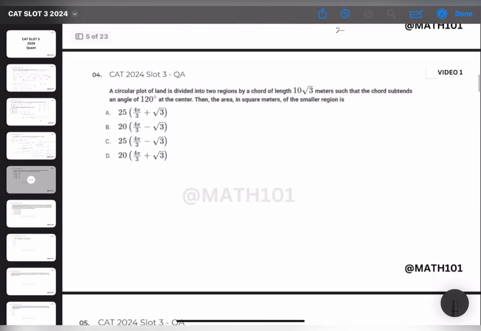Moving on. A circular plot of land is divided into two regions. So let's make a circle. It is divided into two regions. Here we have center C. This is our chord.